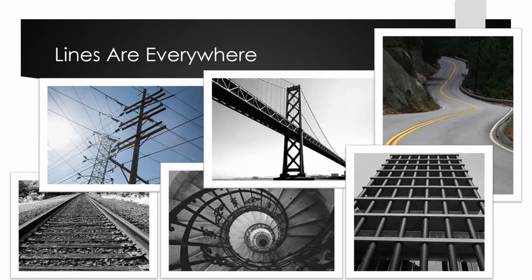Now that we have reviewed the different types of lines, we can look at our environment surrounding us, and we can identify different lines and how they are used pretty much everywhere. Look at the photos on the slide. You can see how many different examples of different lines there are. The first photo shows utility lines that have intersecting horizontal lines along with vertical poles.